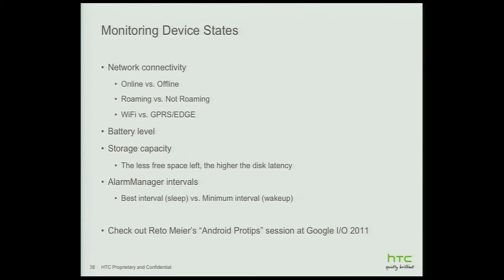I'm not going to go into too much detail here because it's already well covered at Google I/O. If you haven't, I recommend that you check out Reto Meier's Android Pro Tips session at Google I/O 2011. But basically the idea is that you monitor the device states and you act accordingly, whether you continue with the sync or you don't.